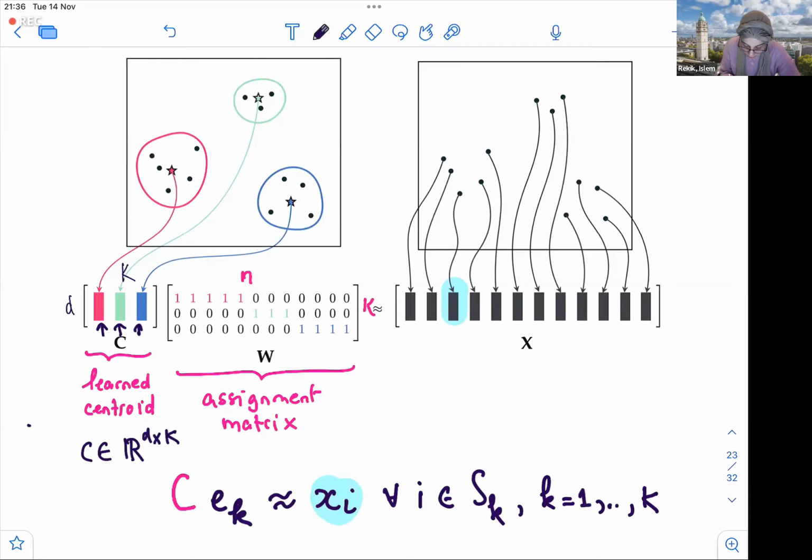All right. And then what we have here is an assignment matrix W. W belongs to R^(K times N). And what we want to do is reconstruct or represent the original data X, every single point, every single D-dimensional point, as a combination of these. So what does it mean?